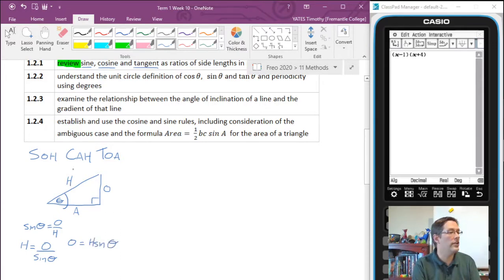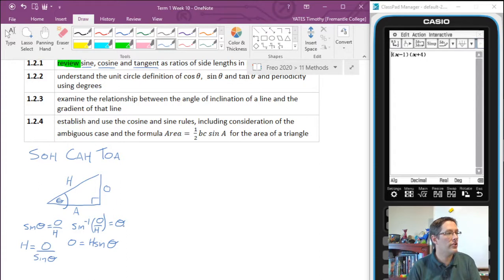And to be able to use the inverse sine rule to be able to work that out. So that would be inverse sine of opposite on hypotenuse is going to give us our theta. So those are the things that we're expected to be able to do. I'm not going to list out all of them for sine, cos, and tan because we should all be able to do those without too much trouble.